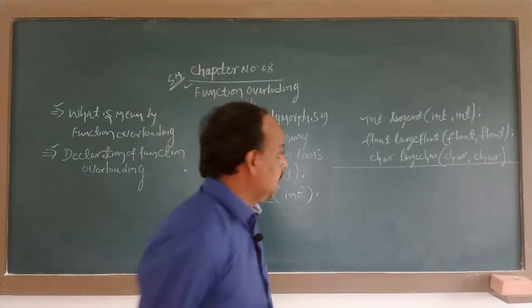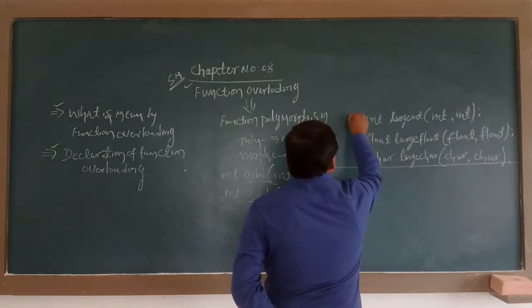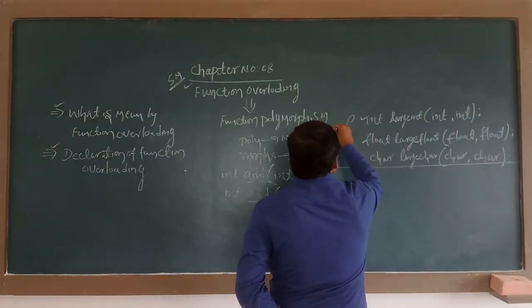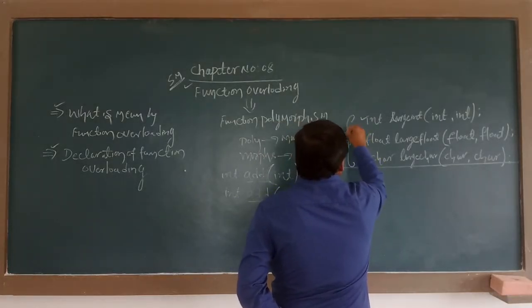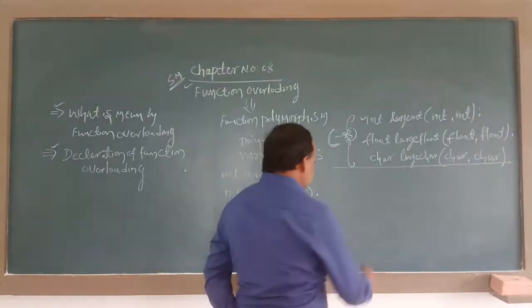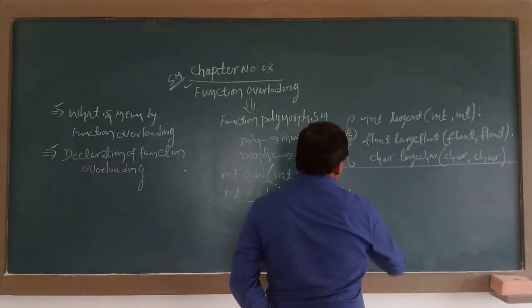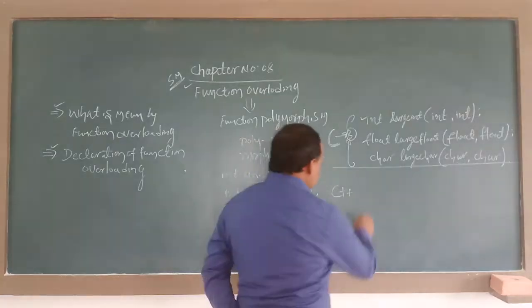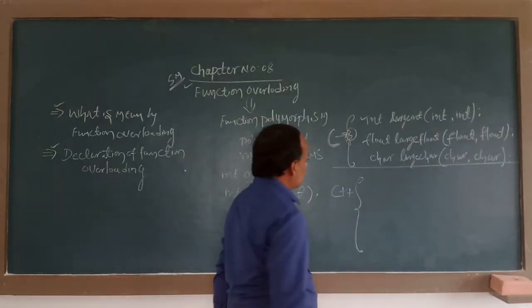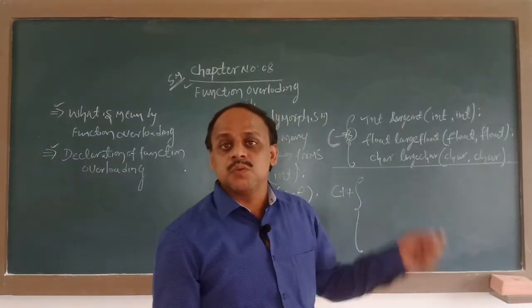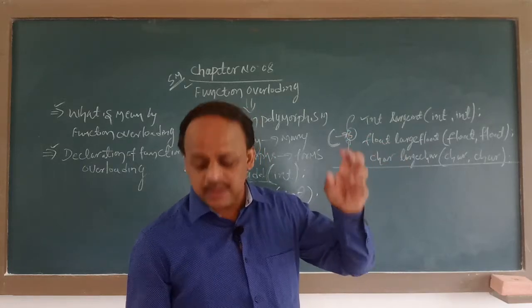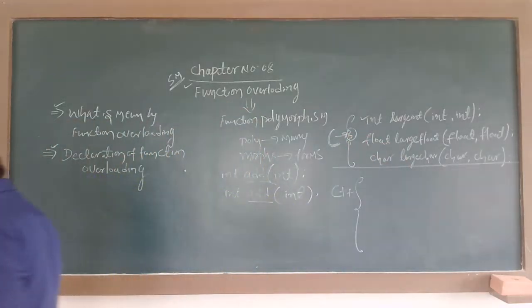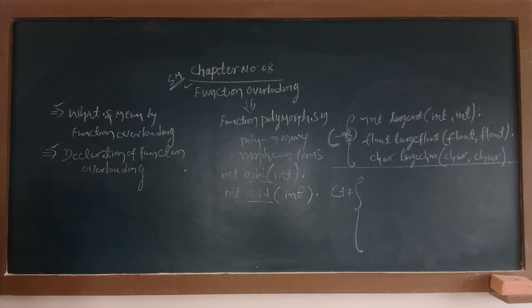That is, in C we are using these three functions, whereas in C++ we are using the following three functions with the same name called large.